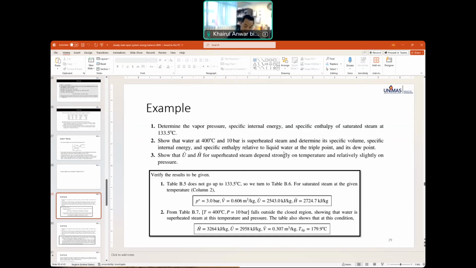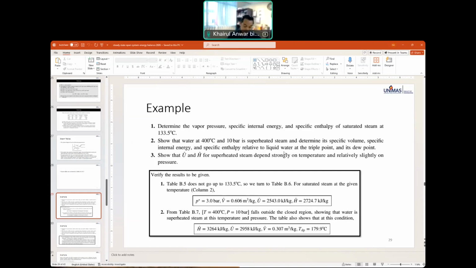So the highest pressure is 221 bar, the critical pressure.